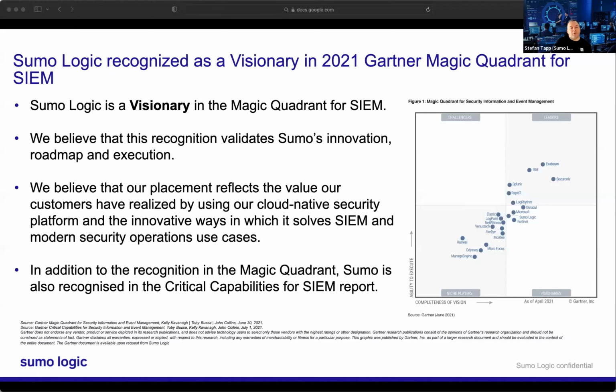We also appeared in the Gartner Magic Quadrant for SIEM last year and came in at the Visionary level. It's the first time that we've appeared in there, so we're pretty proud of that, and look forward to seeing how we move forward in the future.